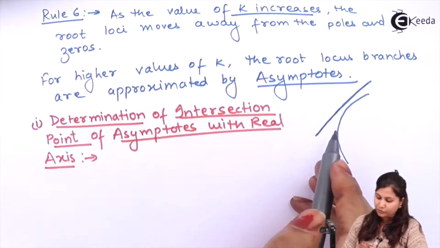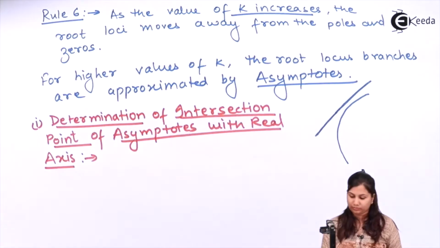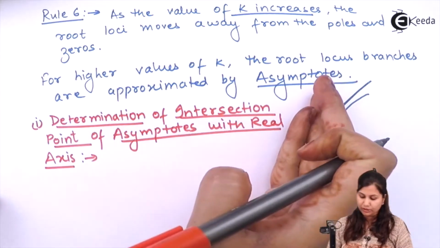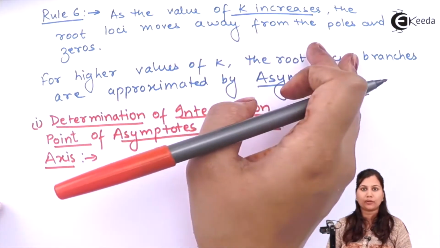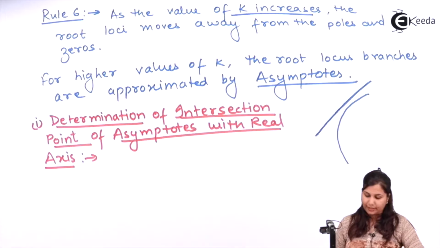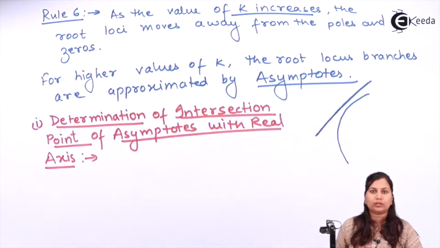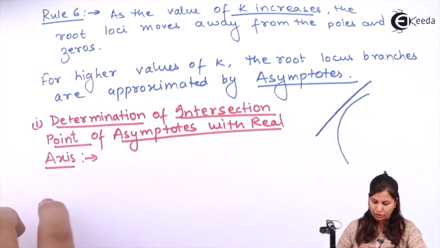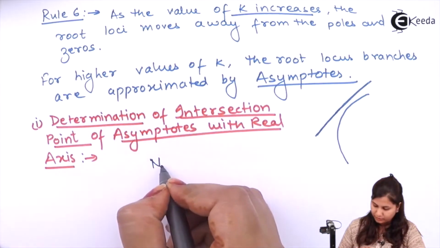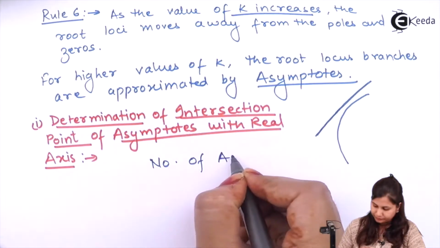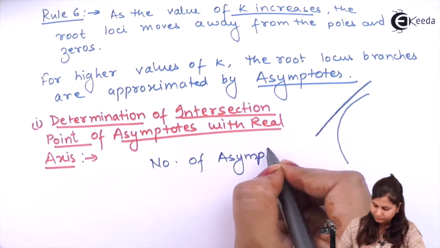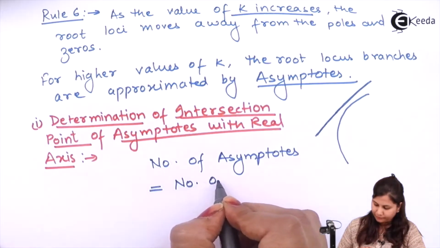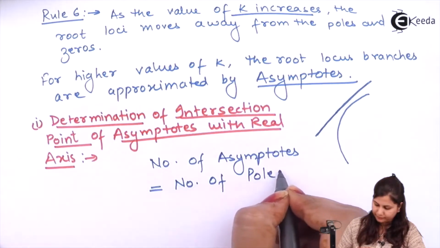First, you have to determine how many asymptotes we are going to have. The number of asymptotes will be equal to the number of poles of the system. For example, if a system has two poles, then there will be two asymptotes. So the number of asymptotes will be equal to the number of poles of the system.